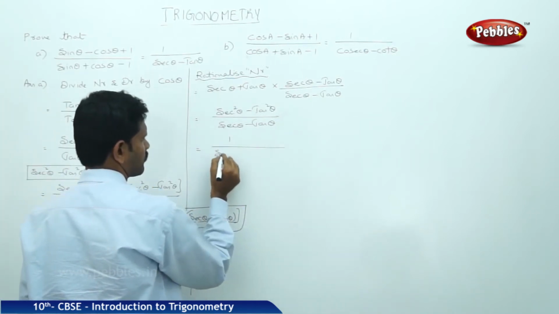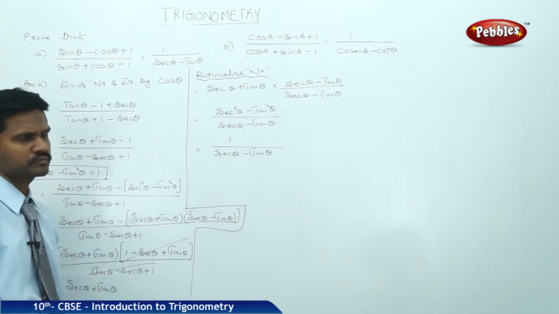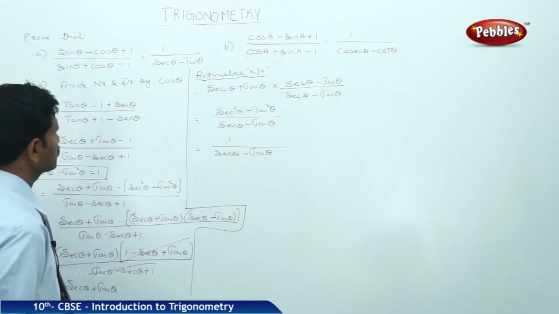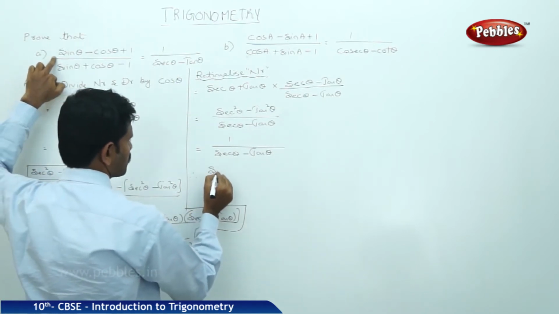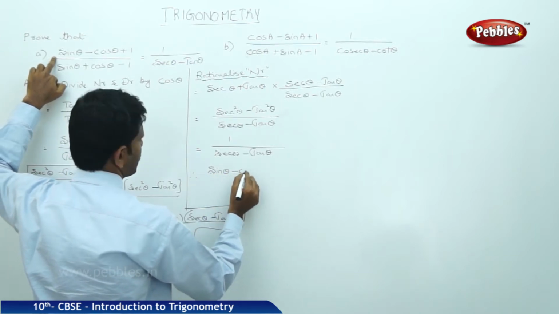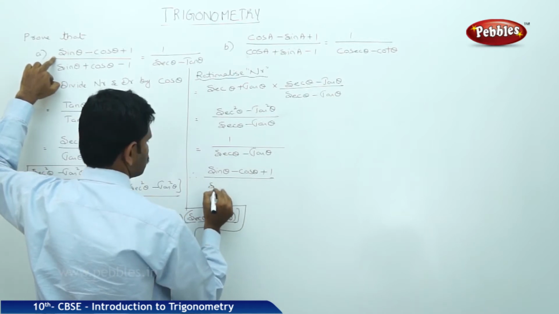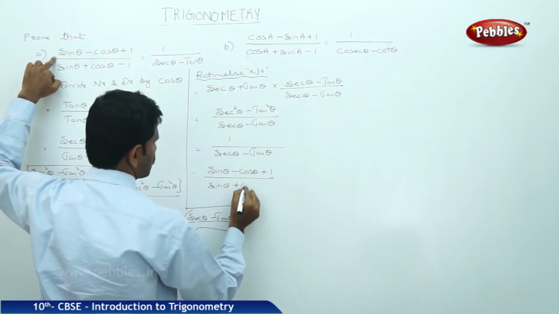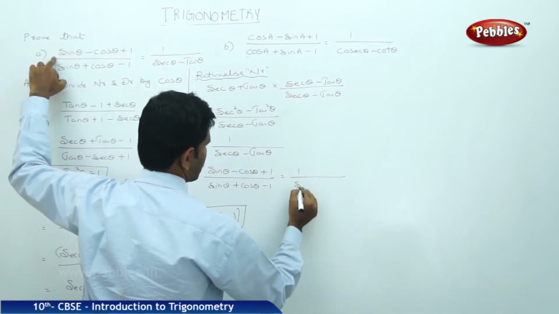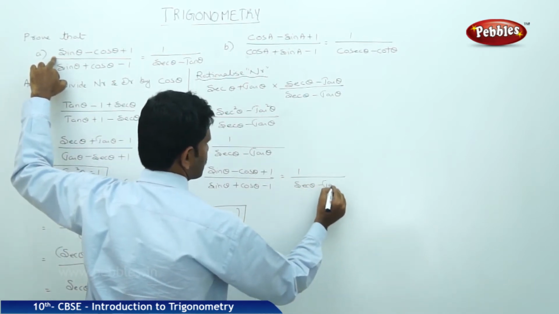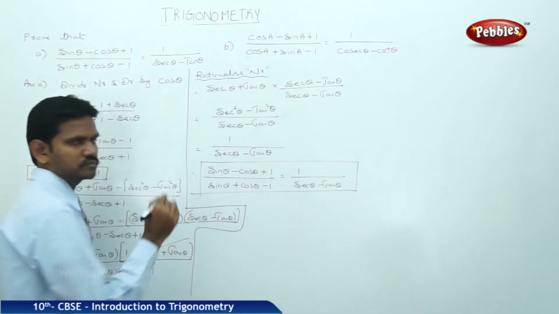So 1 by secant theta minus tan theta. Therefore, I got the answer. Therefore, LHS, sin theta minus cos theta plus 1 by sin theta plus cos theta minus 1 is equal to 1 by secant theta minus tan theta. Hence proved.